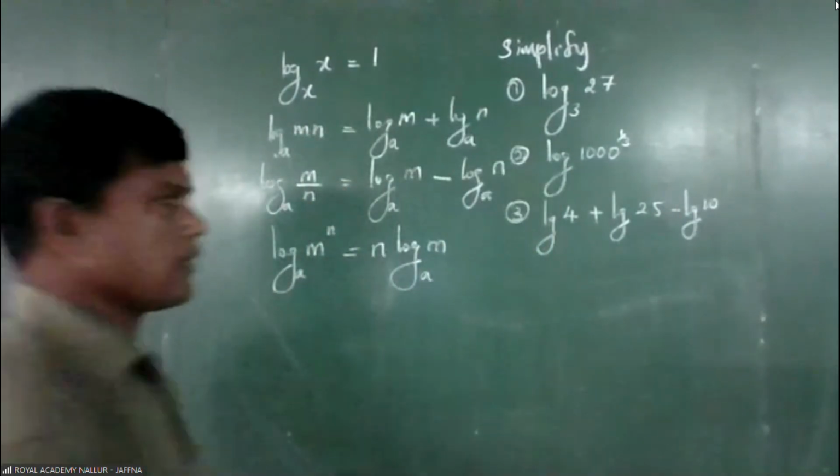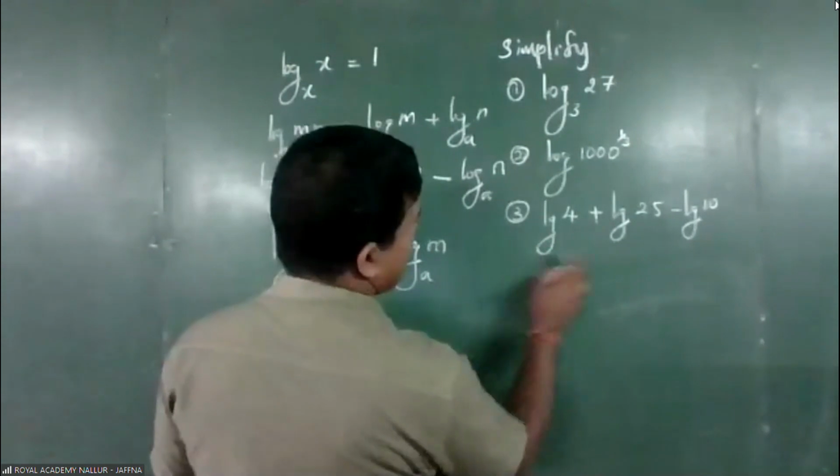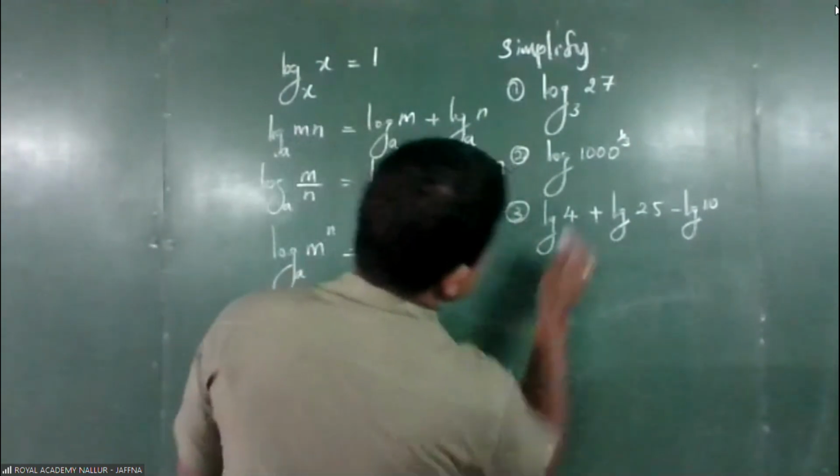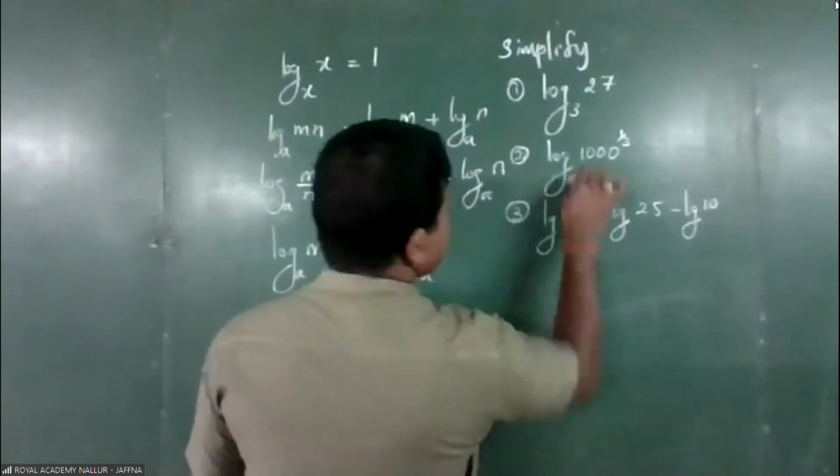Using the logarithmic table, you can simplify and find the value. This is lg, base 10. Right.